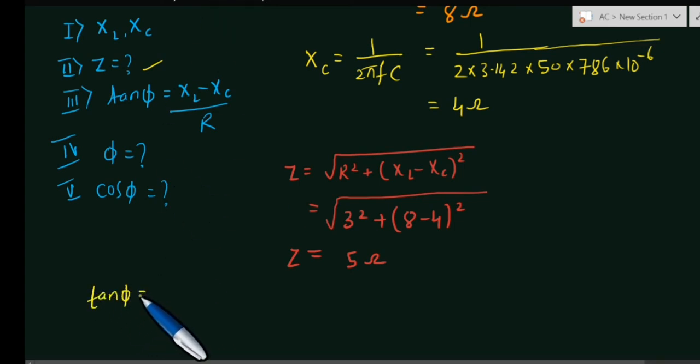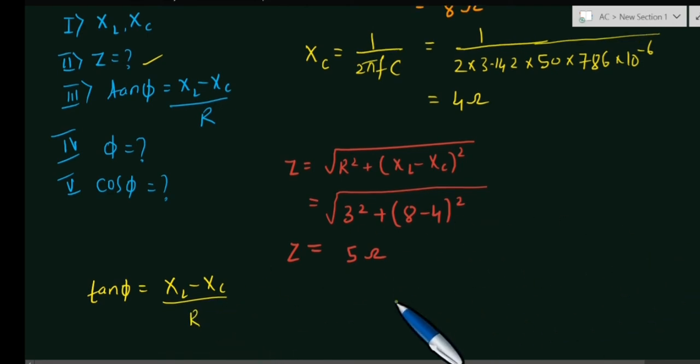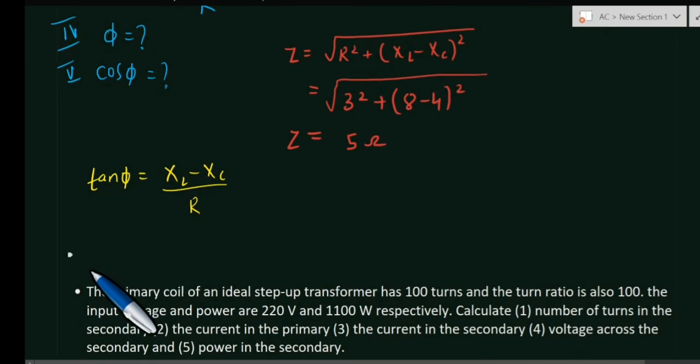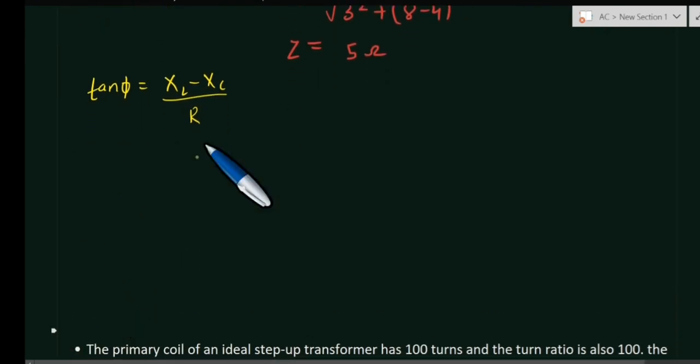Tan phi is equal to XL minus XC divided by R. XL value is 8, XC value is 4 and R value is 3. If you calculate it, the value is 4 divided by 3, that is 1.33.